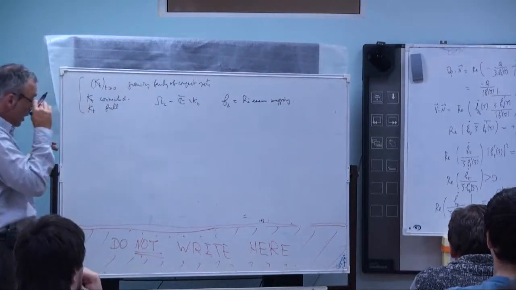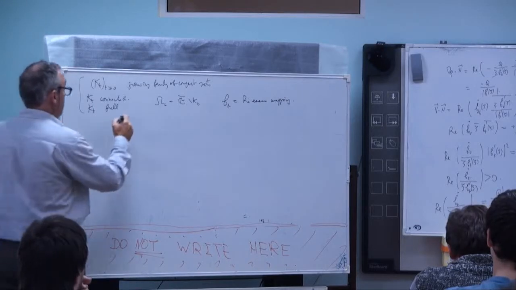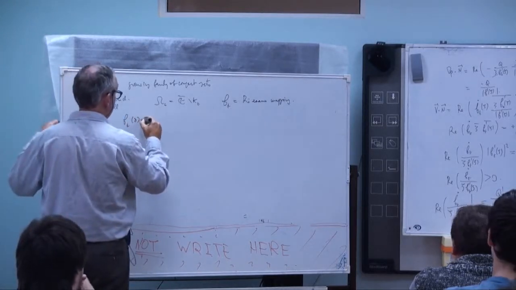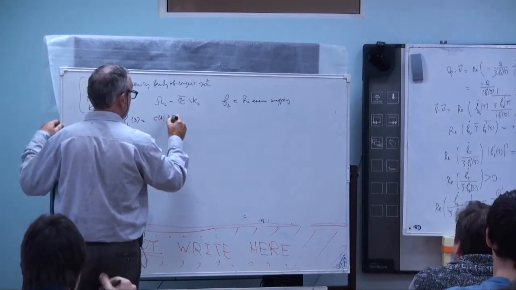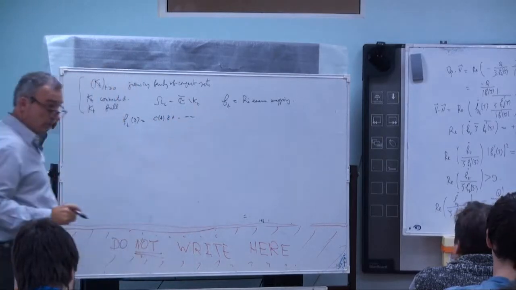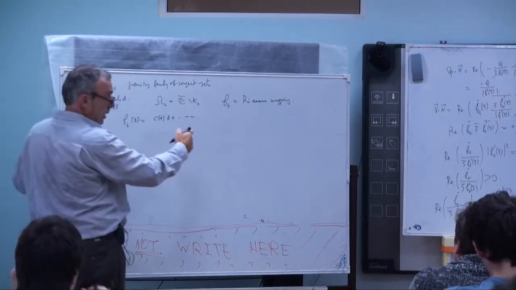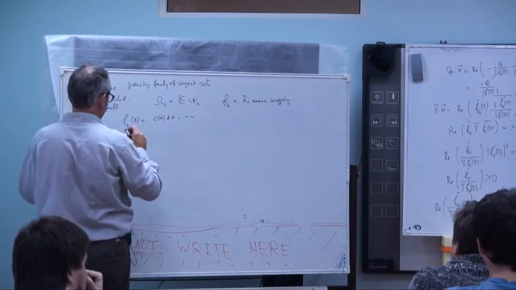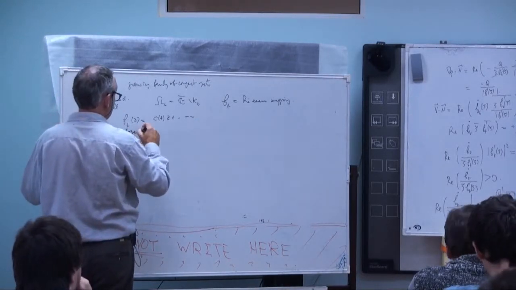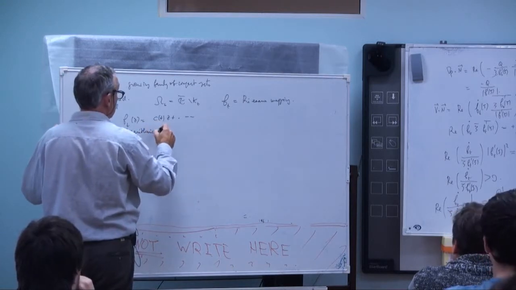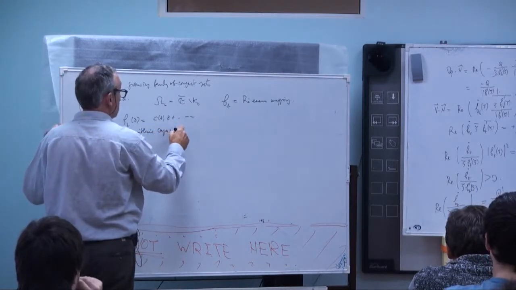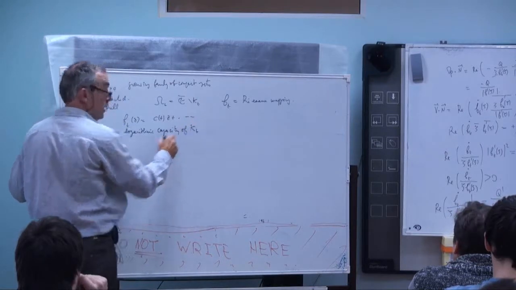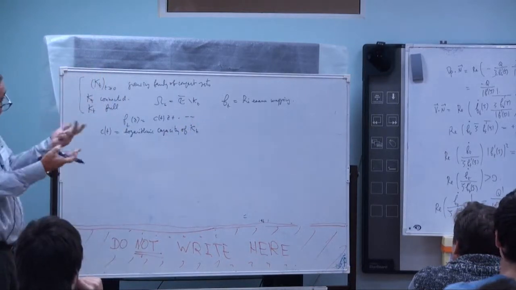Okay. So now f_t(z), as I said, is c(t) z plus terms, and c(t), which is the derivative at infinity, is also the logarithmic capacity of K_t. Okay, so this is a definition.